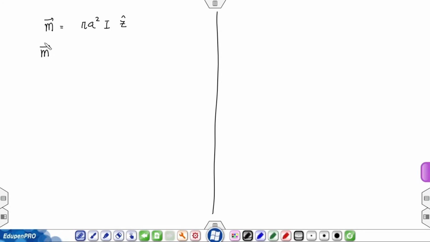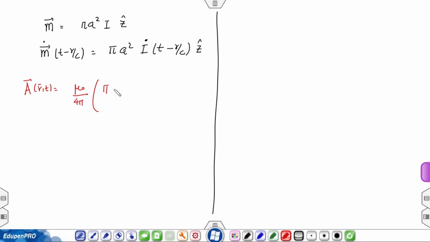So, ṁ at t minus r/c is going to be πa² İ calculated at the time t minus r/c in the z direction, and I have A(r, t) equal to μ₀ over 4π times a² İ(t − r/c) over rc, sin θ φ.